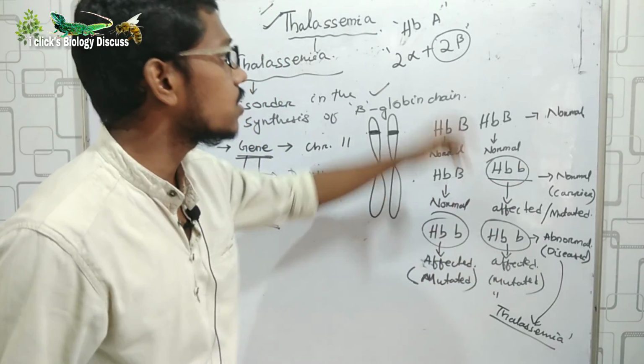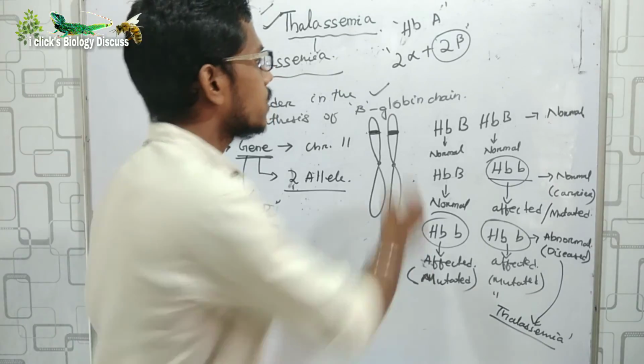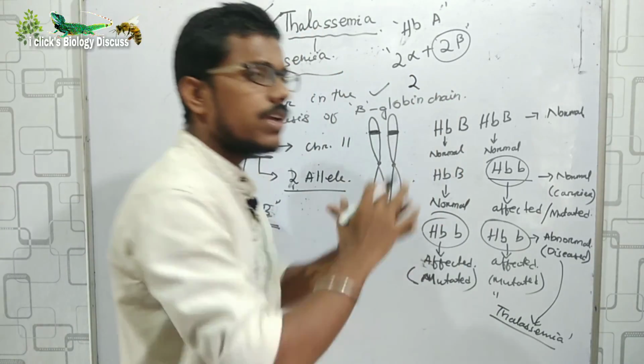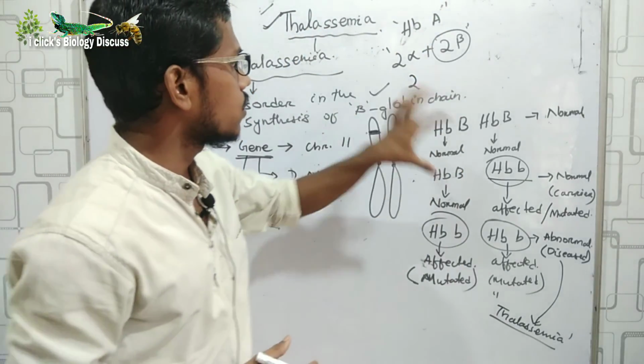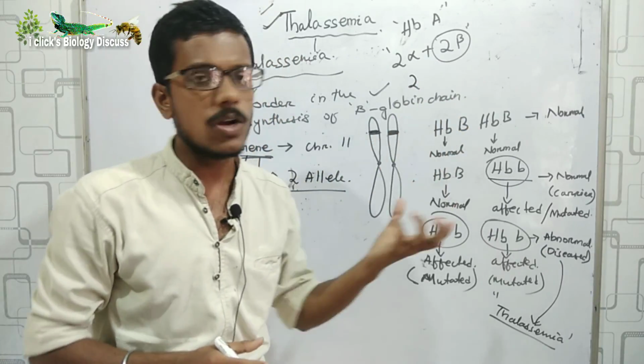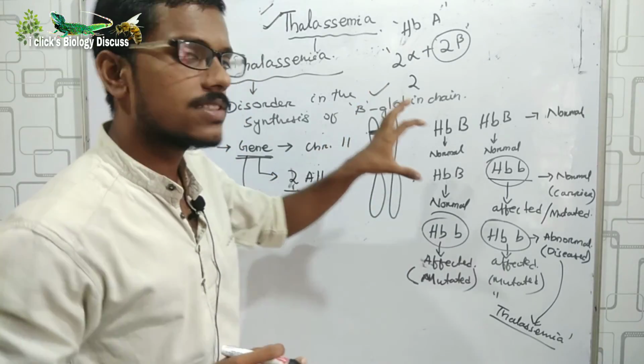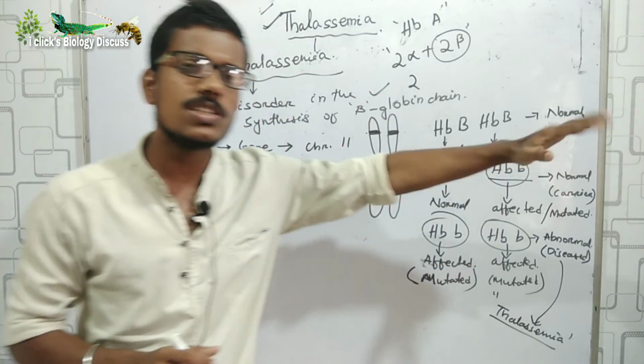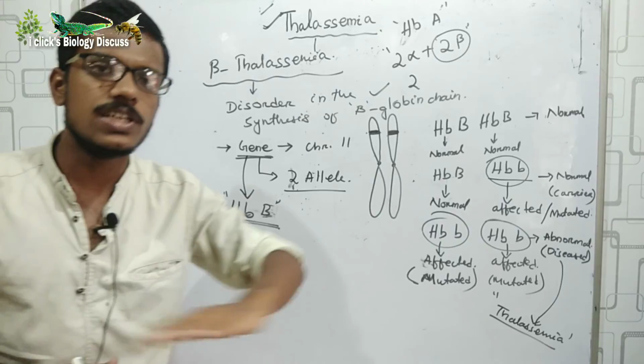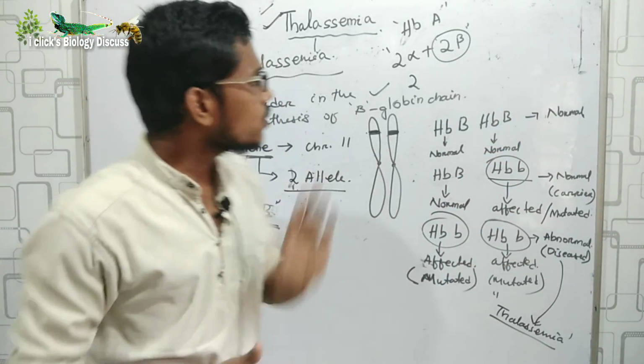Then there will be an increase in the amount of your alpha globin chain. That's what will happen.